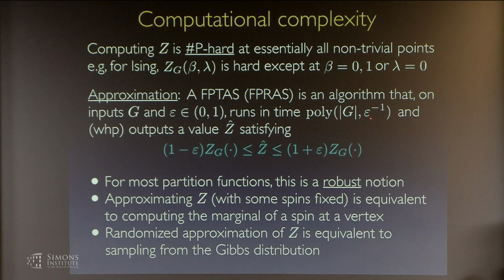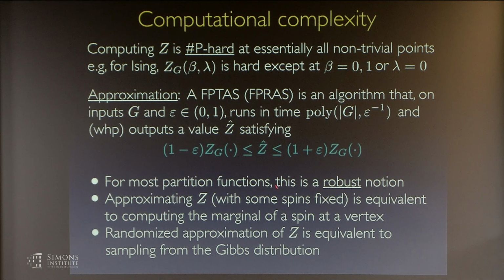You also give them an accuracy parameter epsilon, and you require an estimate that's within a factor of 1 plus or minus epsilon of the true value of the partition function. And moreover, your running time should be polynomial not only in the size of the input, but also in 1 over epsilon. So as you require more and more accuracy, your running time doesn't blow up in a horrible way.